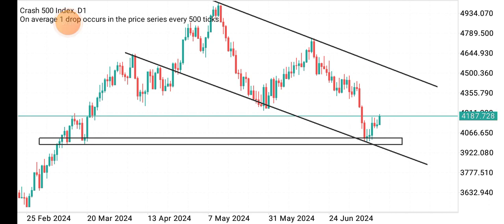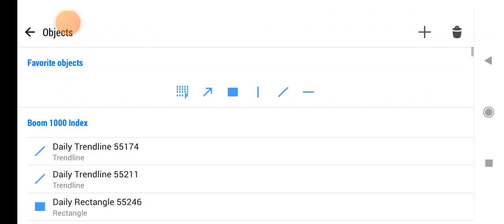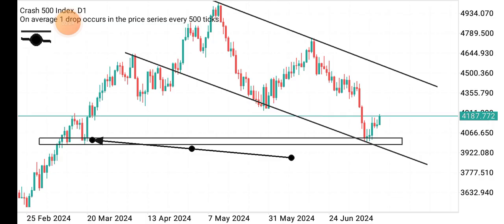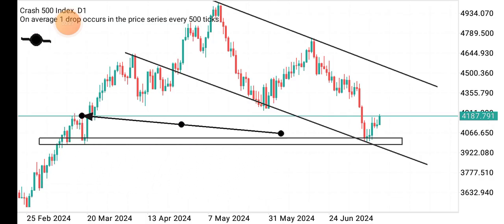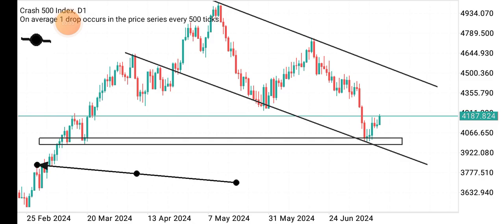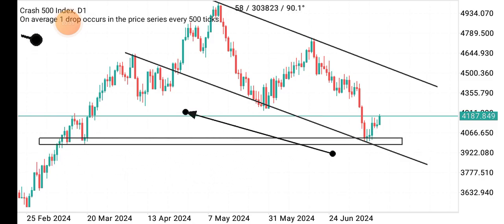You can see that the market is actually reacting to this previous support. See, market bought from this zone, and this was actually a breakout and a retest, meaning that this is a support zone. Market had bought from this zone previously before here, so now market is reacting to it.